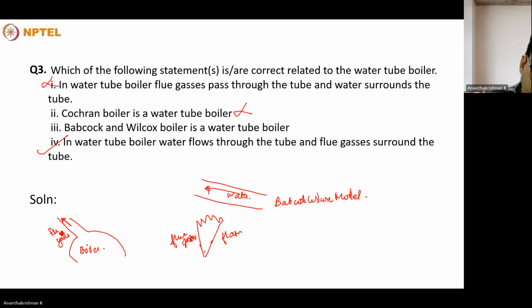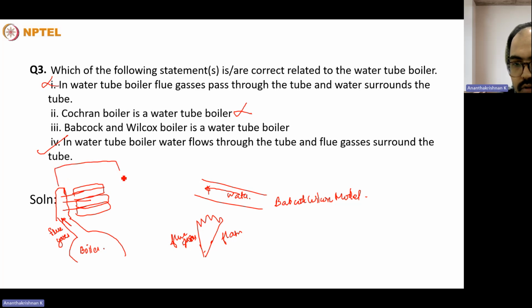A portion of those flows into the tubes. So this flue gas will be heating up the water which is present outside. So this is flue gas, Fg.